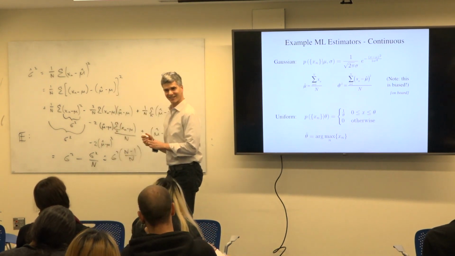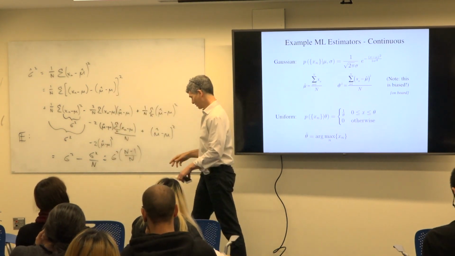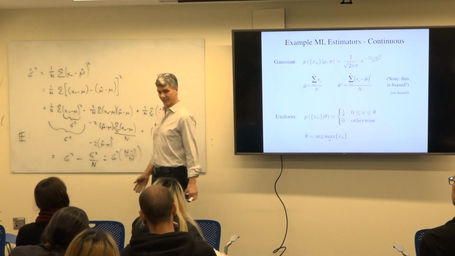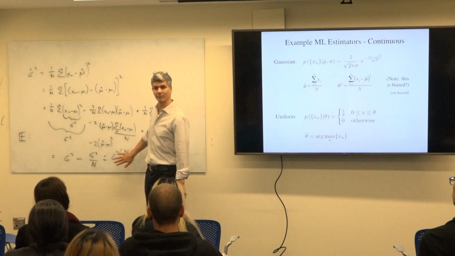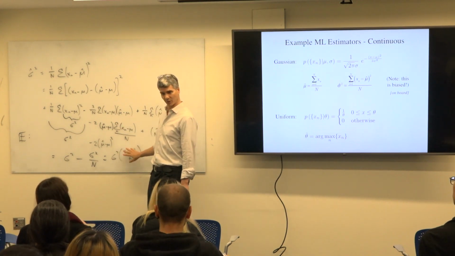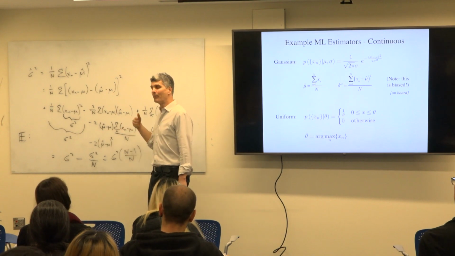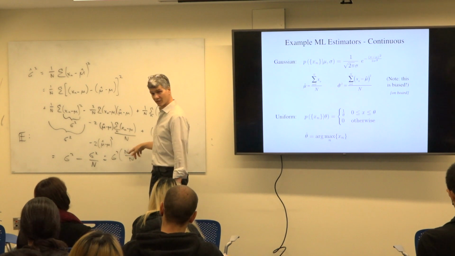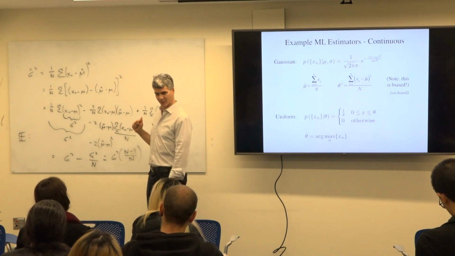It's the same thing, just a little algebra. How can I correct this? The fact that this is always off by some fixed proportion is not dependent on the data. This is a number that depends on how many data points I have, but it doesn't depend on what measurements I made. There's no x's in here. This is just about the number of data measurements.